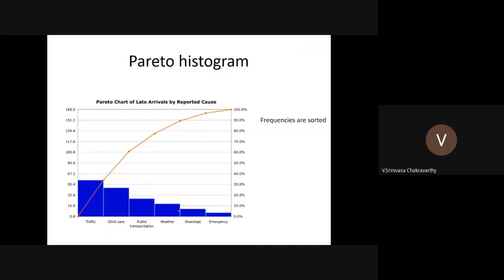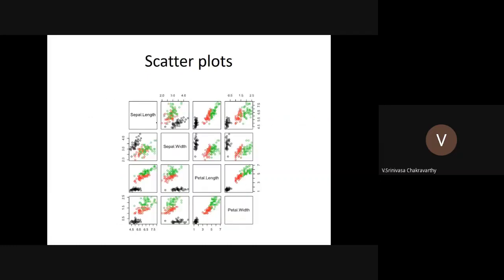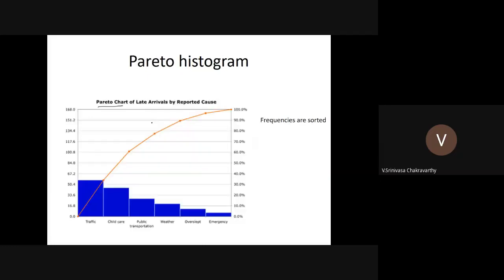Now another such representation, a very innovative kind of visualization, is what is called a Pareto histogram, or sometimes also called a Pareto chart. What a Pareto chart gives you is the frequency of different causes of a given phenomenon.